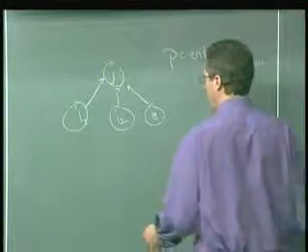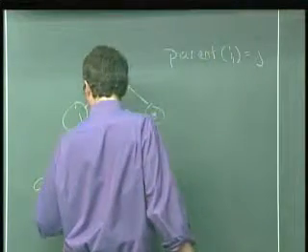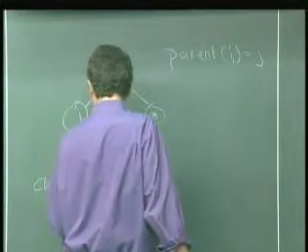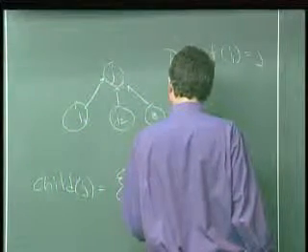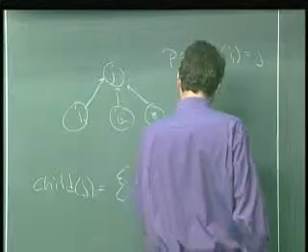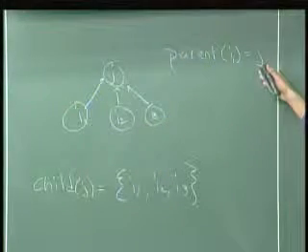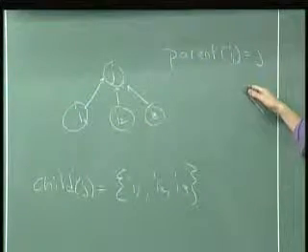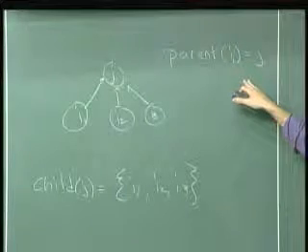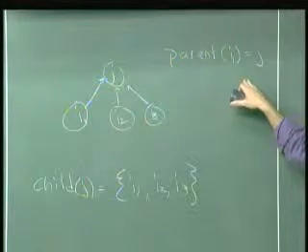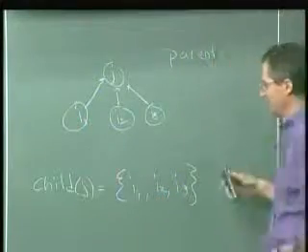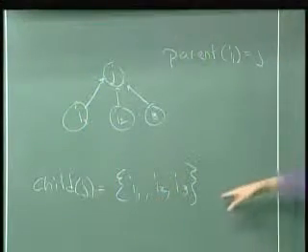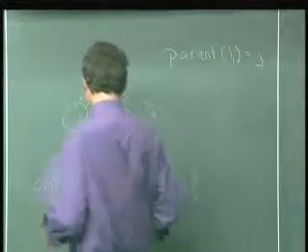In other words, I need to have children of J as a set I1, I2, I3. If you will, this is the inverse of this function. Not really the inverse because this isn't an invertible function. But it's a representation of a kind of inverse. These are all the nodes for which the parent is J.